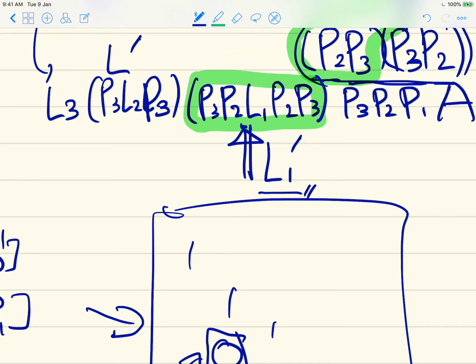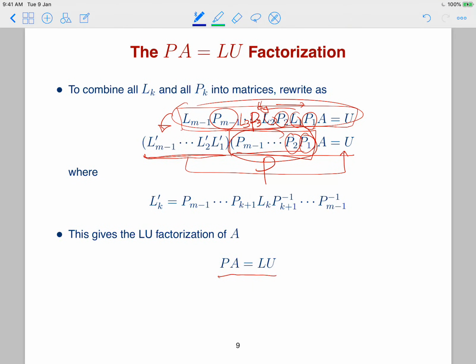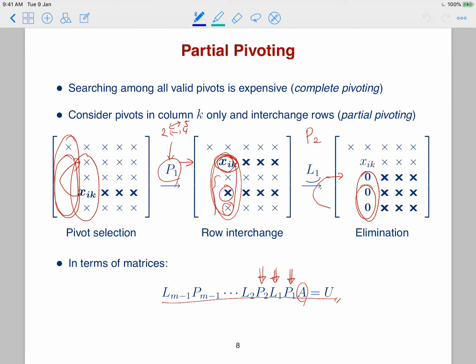Okay, so in this case, this L1 is just the matrix, maybe this kind of matrix, where we first permute some rows between the first row and one of the latter rows of the given matrix A, right?